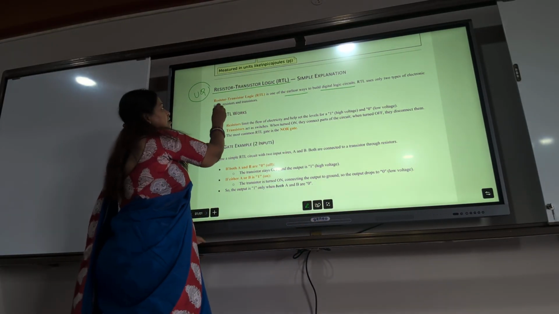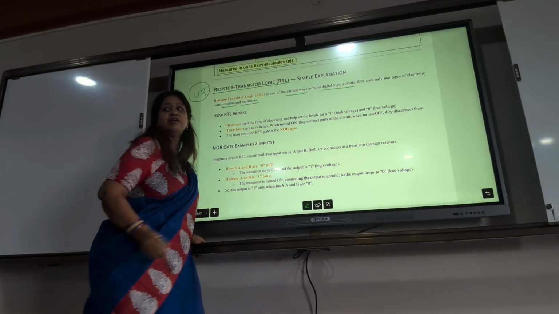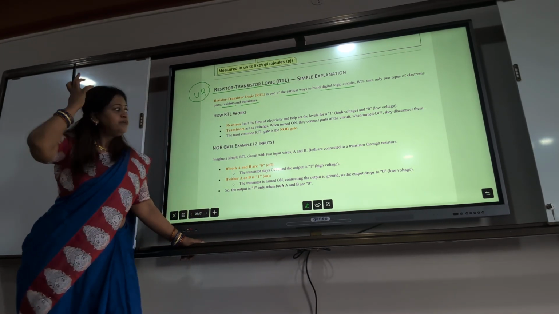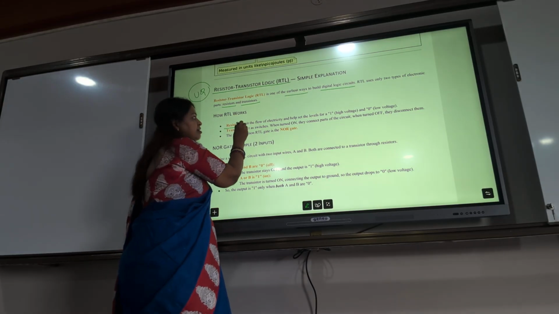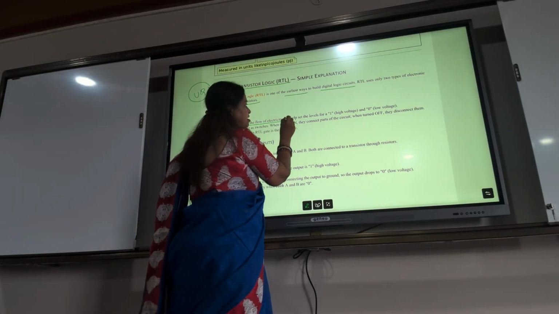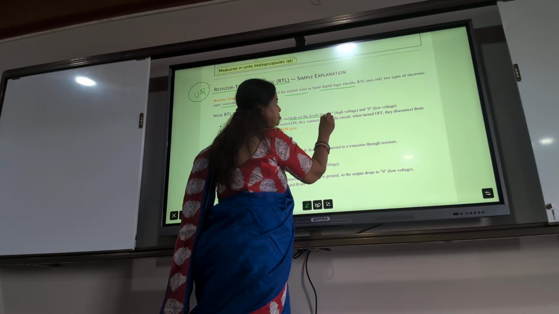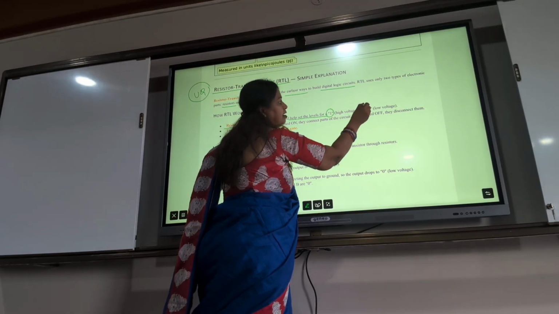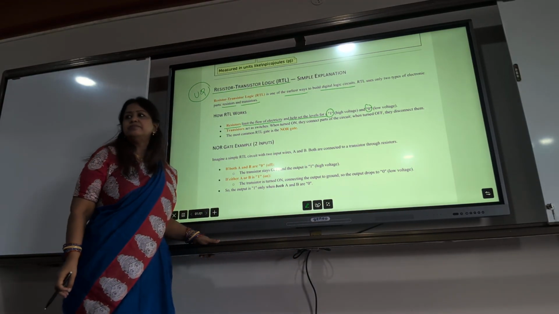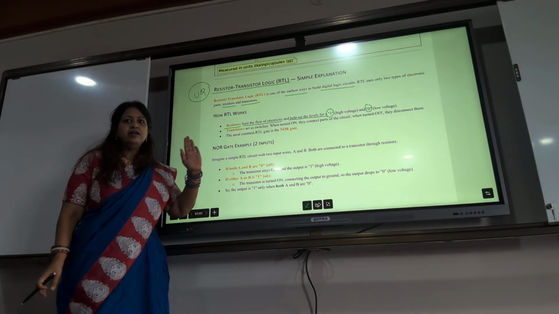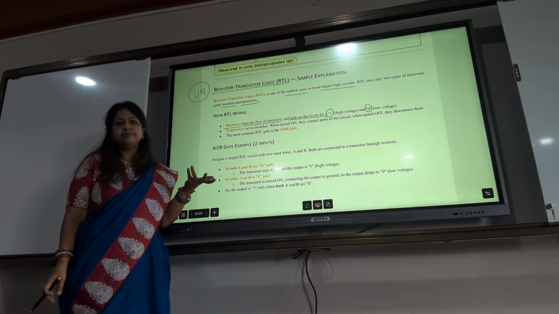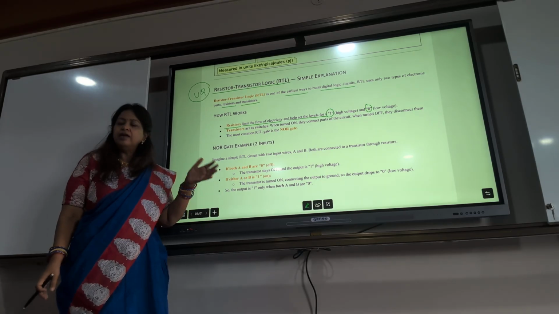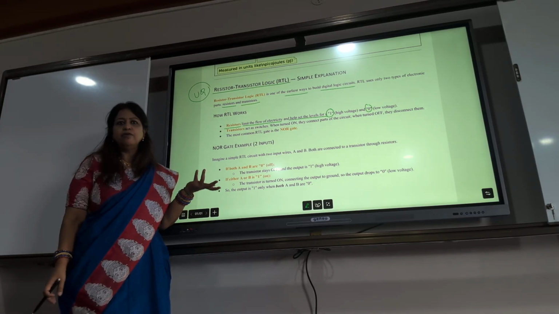They use resistors and transistors in the circuit. What is the function of a resistor? A resistor will limit the flow of electricity and set the states for 1 and 0. It will limit or stop the flow of electricity depending on the resistance value. If the resistance is low, it will allow the current to flow easily.